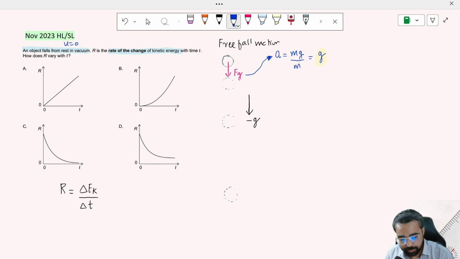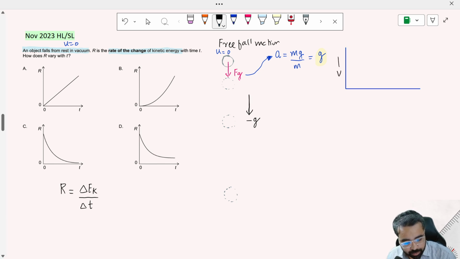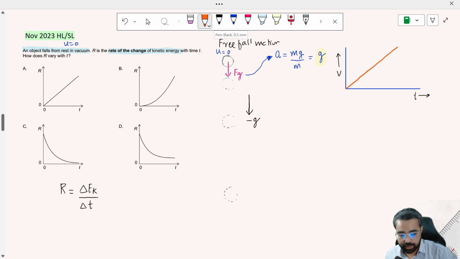And we know that if its initial velocity is zero, then how will its speed change? Students, if this is the speed-time graph, then this graph will be a proportional line for this motion specifically. But if it's a velocity-time graph, then this line should be below the horizontal axis, because velocity is negative due to the downward direction.